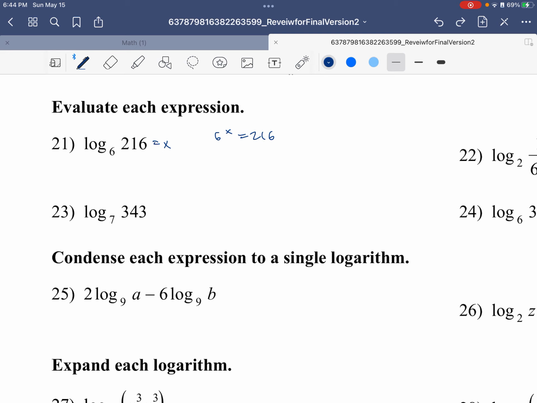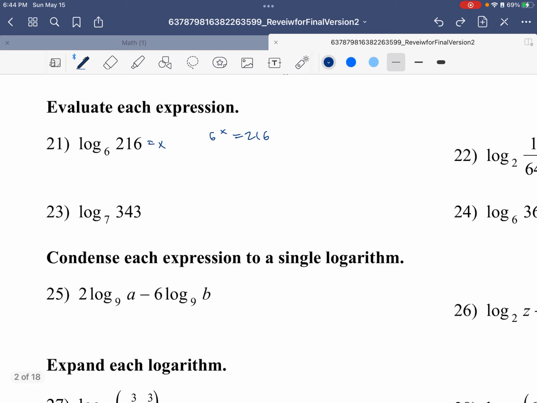So we're trying to find what x is that would give us 216. We know 6 times 6 is 36, and 36 times 6 is 216. So 6 times 6 times 6 is 6 to the power of 3, so x equals 3 is our answer.